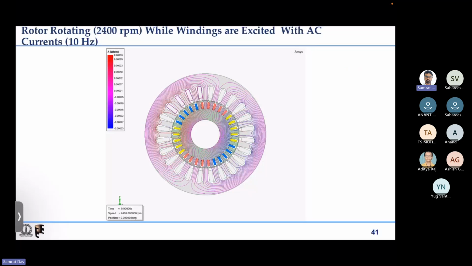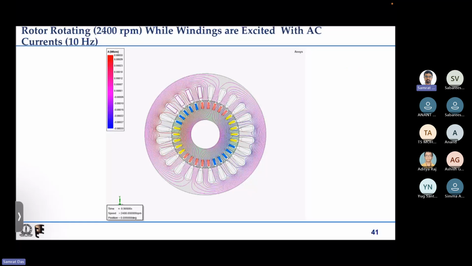If we then make the rotor rotate, when we inject the same 10 hertz current into the rotor, the rotor itself rotates at 2400 rpm, and with respect to the rotor, the magnetic field of the rotor also rotates at 600 rpm.